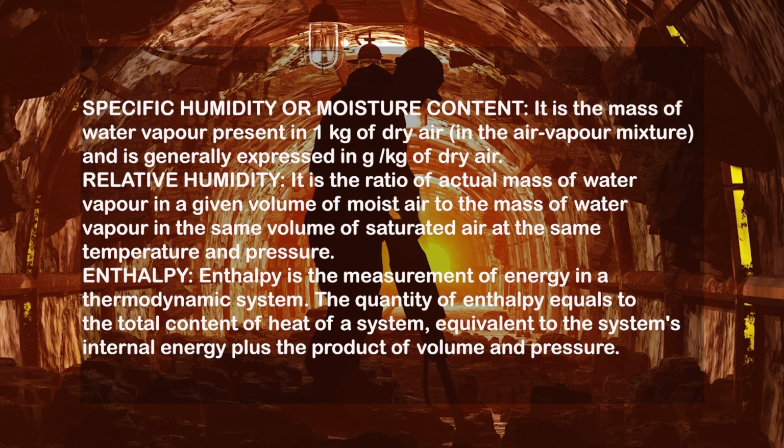It is basically the moisture content of the normal atmosphere in which there is some water vapor already present in vapor form, and the mass of water vapor is expressed in grams. Its sample is taken in the laboratory and heated, and after some time the air is again weighed and the mass of moisture is calculated, and then we calculate the specific humidity or moisture content of air.